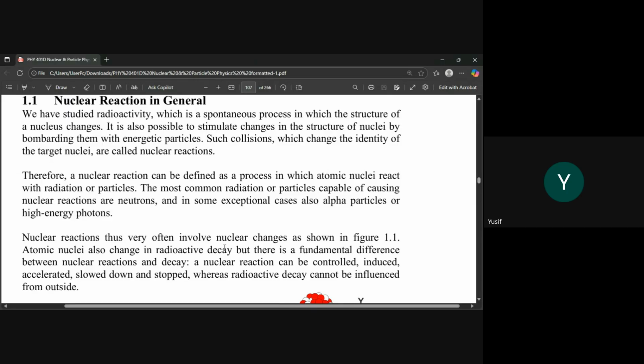And basically, as we said, for every atom to be stable, the number of protons and the number of neutrons have to be the same. In the case where there is instability, it means the proportion of the protons to the neutrons are not the same in the nucleus. And that brings about what? Radioactivity.